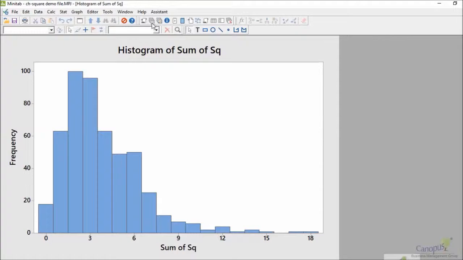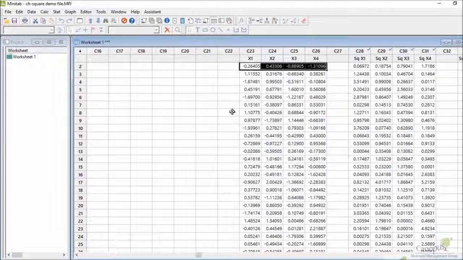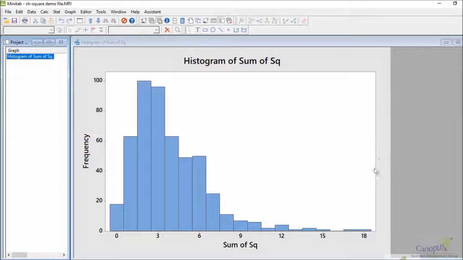How many samples did I have in this data? Just to make sure we are on the same page, we had 4 samples for each row, each trial, and if sample size is 4, then my degrees of freedom would be 3. This is what we call a chi-square distribution with degrees of freedom 3.